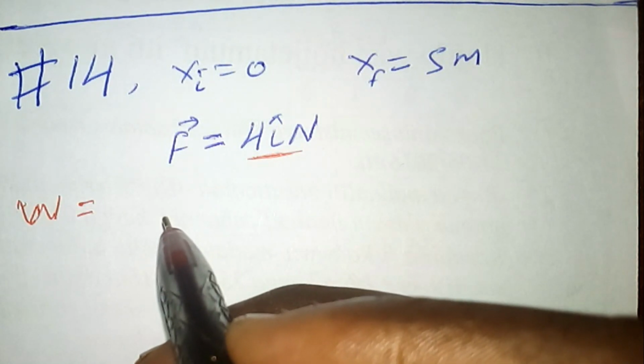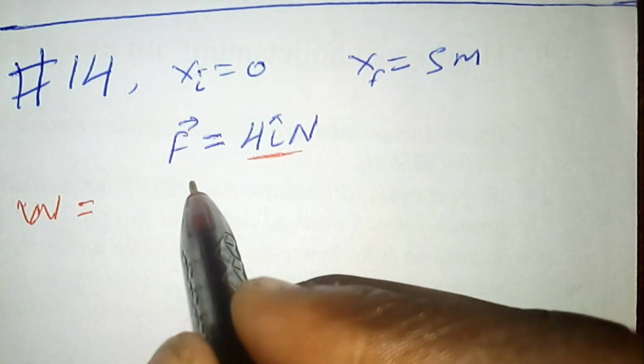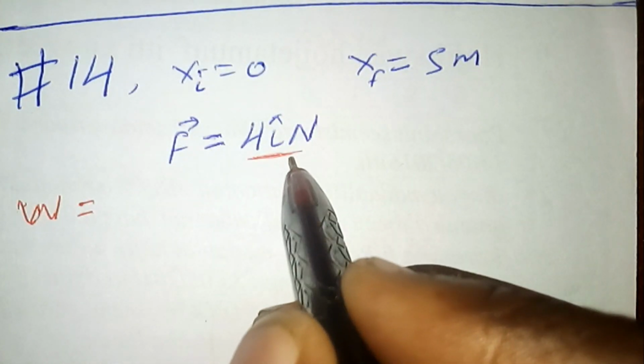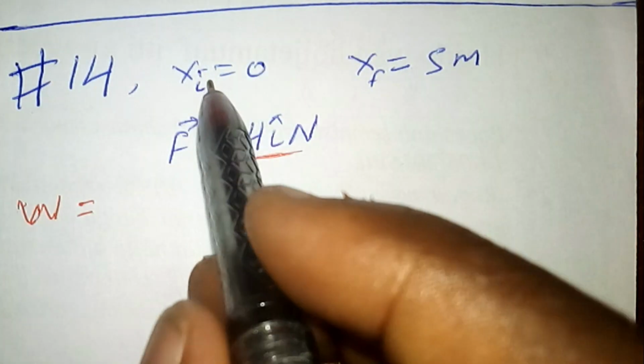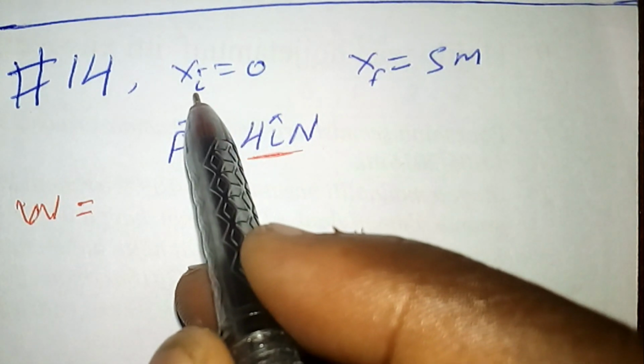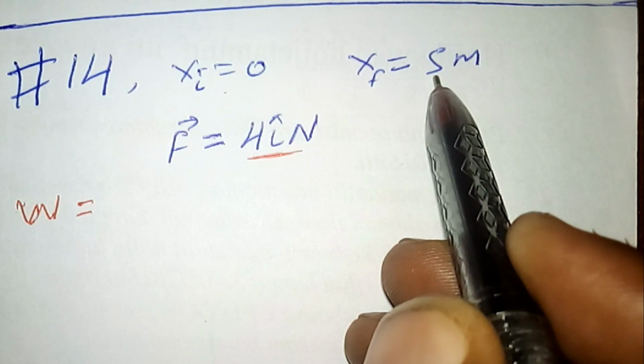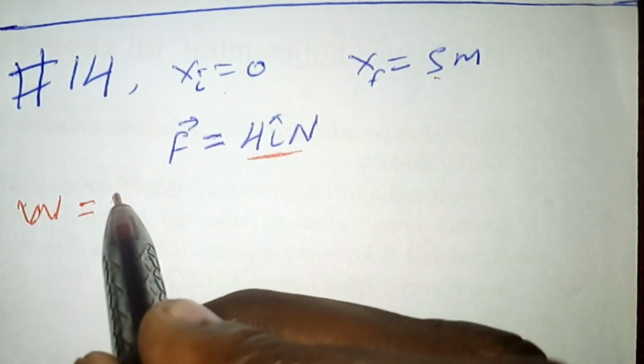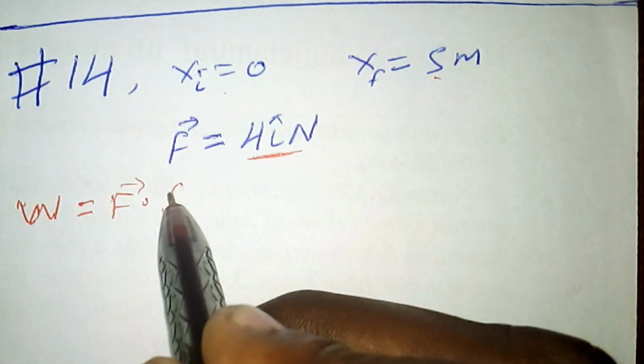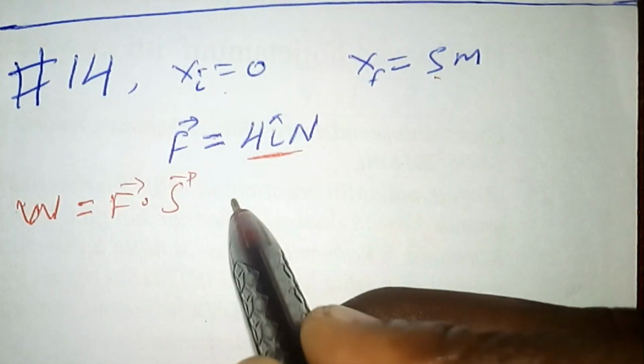The work done by force F equal to 4i Newton in moving the object from x equals 0, that is from the origin, up to x equals 5 meter. You know that work done is the dot product of force and displacement.